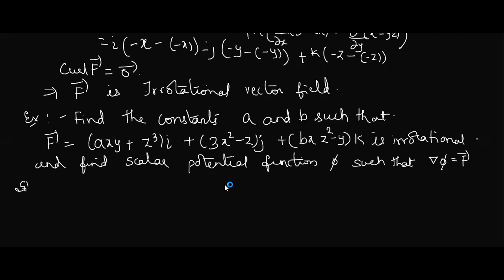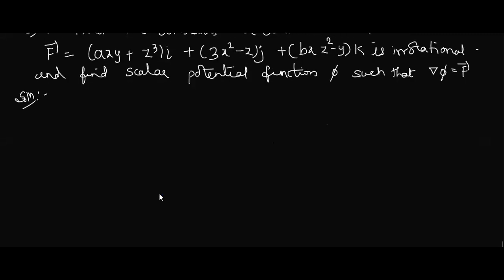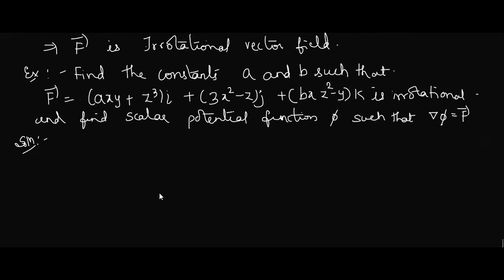Now, this is again a little similar, but the first part is different. What is the difference here from the last problem we have taken in the previous class? There, the vector field was given and the question was to show that it is irrotational. So what we did there, we showed that curl of f is 0.